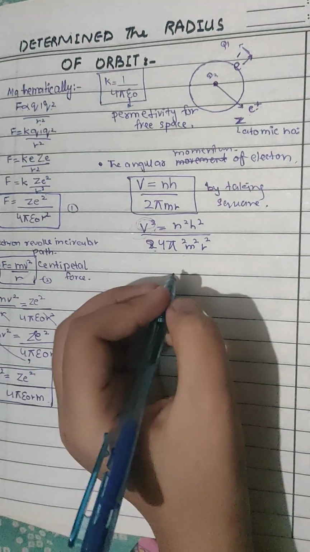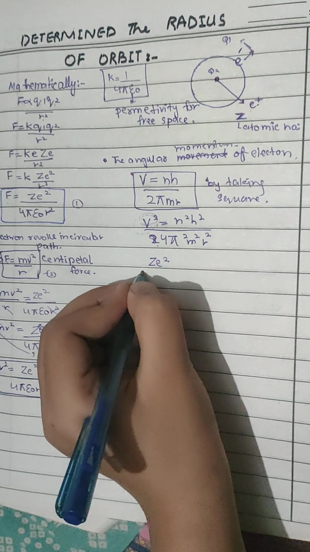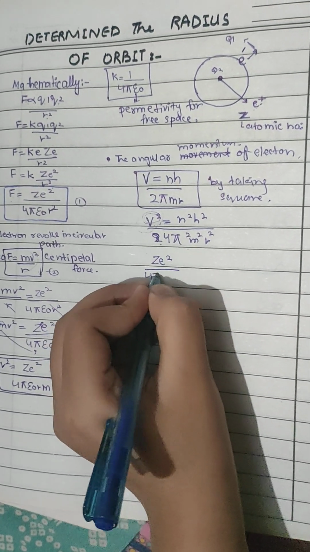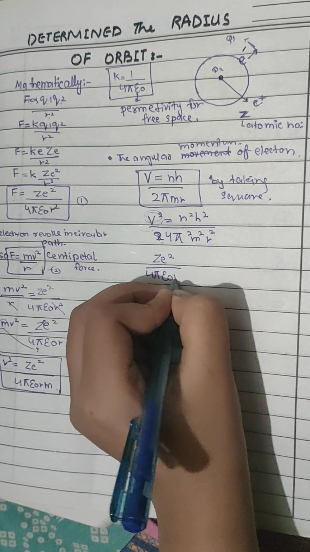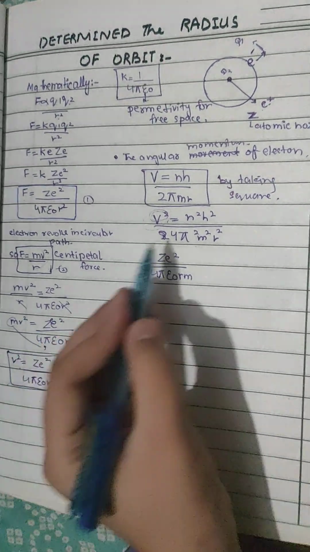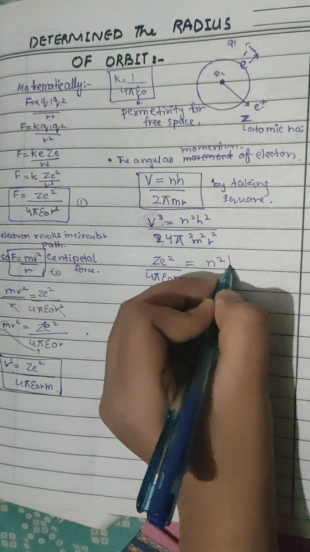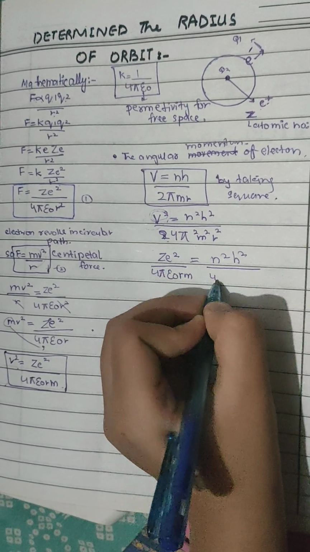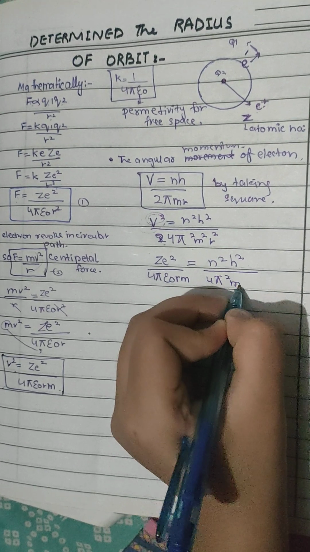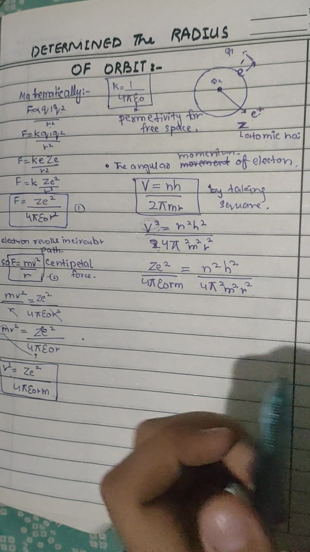Okay, so yeah, let's put this. The v square value was ZE square upon 4 pi epsilon rm. Okay, this is the value of v square. I put the value of v square, now it is equal to n square h square upon 4 pi square m square r square. Now cut those values which are cutting.